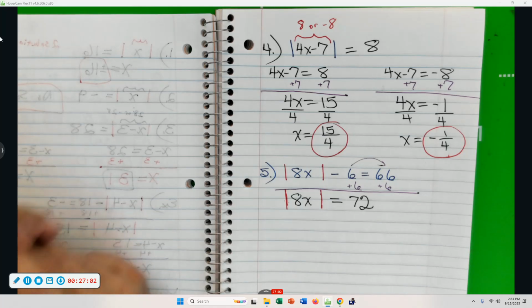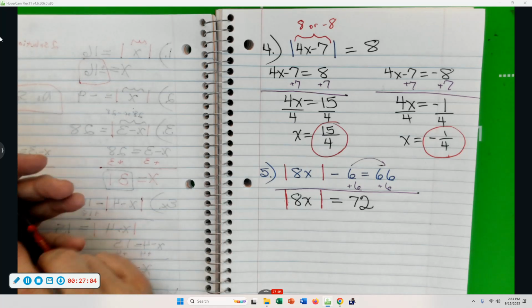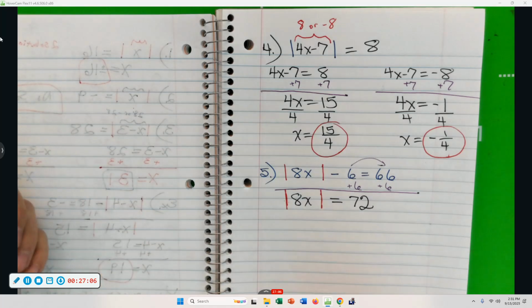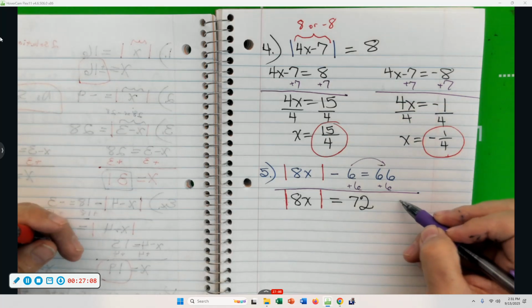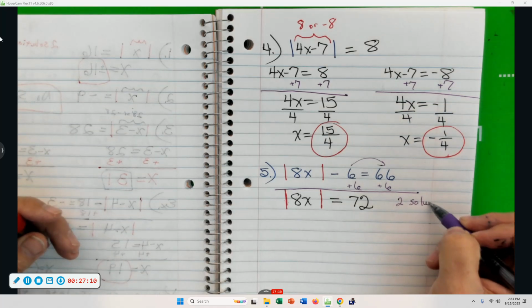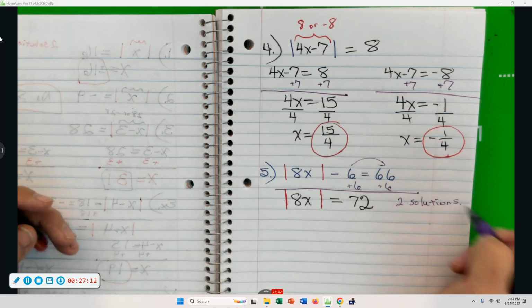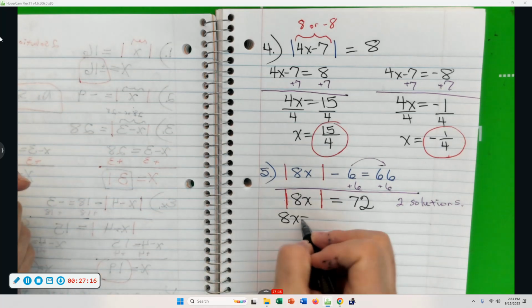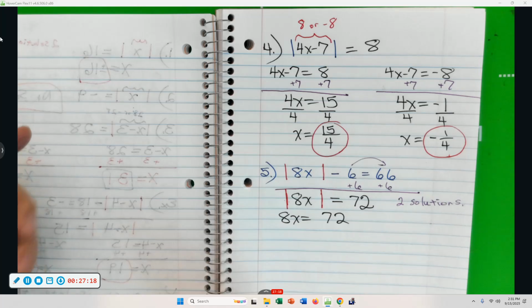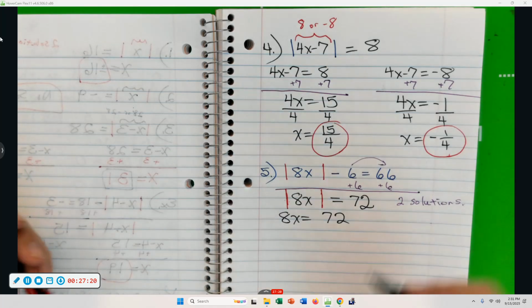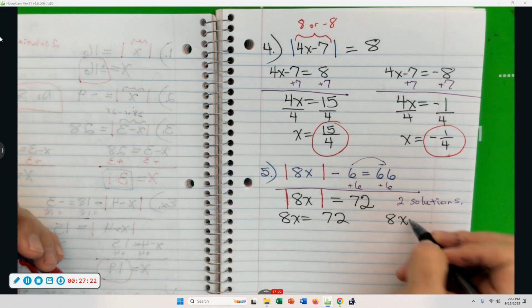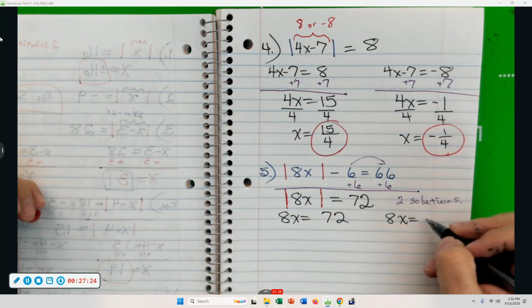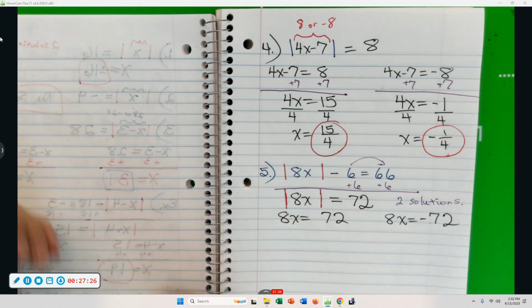So it's an absolute value equaling a positive, which means we're going to have how many solutions? 2 solutions. So you set 8x equal to positive 72, or 8x equals negative 72, I agree.